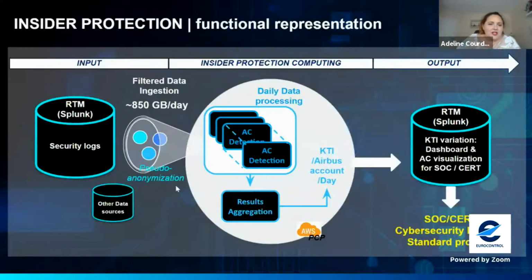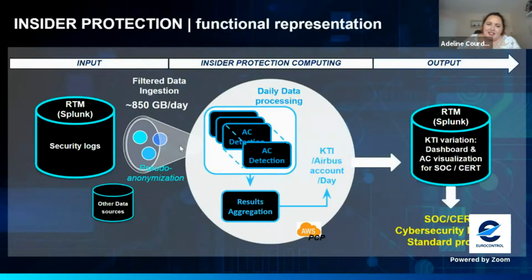So how are we collecting the data? Most of our data are coming from security logs, which are in our SIEM. So for Airbus, it's Splunk. We might as well collect other data sources like HR data sources. We pseudo-anonymize our data because it represents a high number of data each day, as you can see.